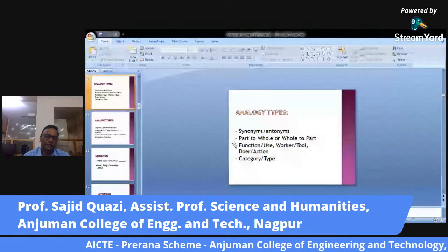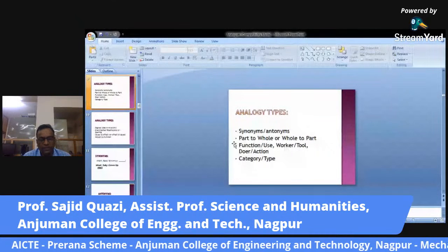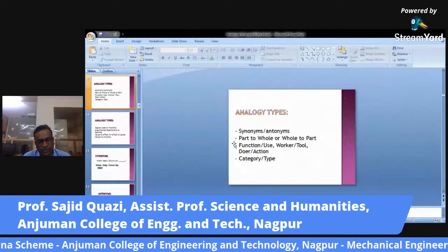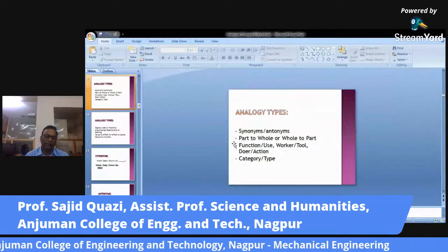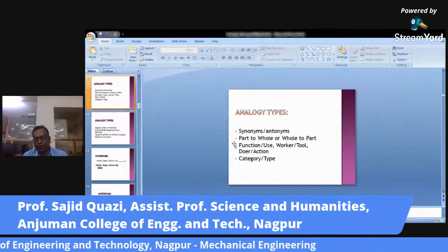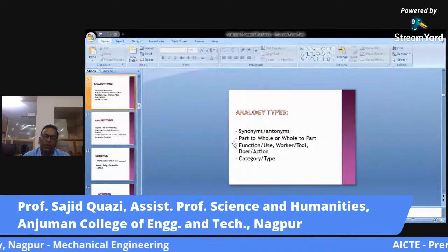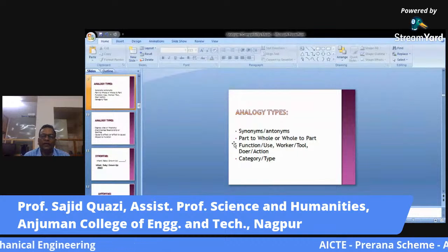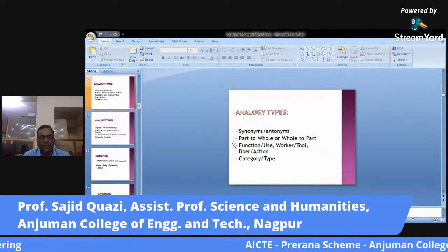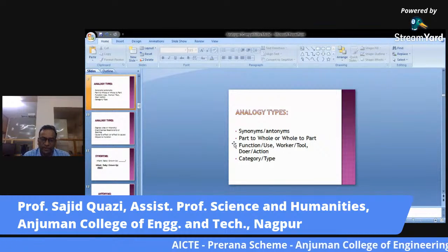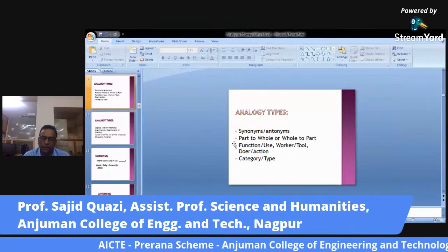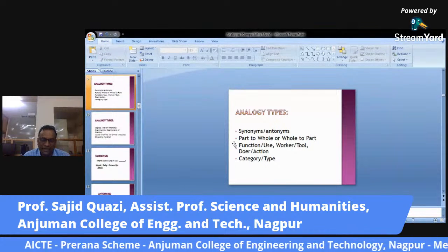In this section, in some questions a part would be given to you, and you will have to connect it with the remaining whole, or it may be interchanged: the whole would be given to you and you need to connect it with the part. Function: use, worker, tool, door, action.